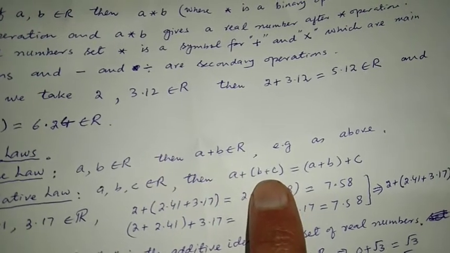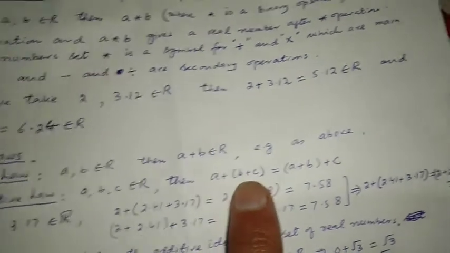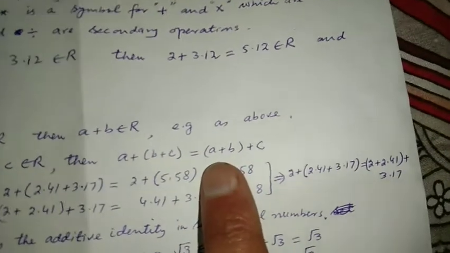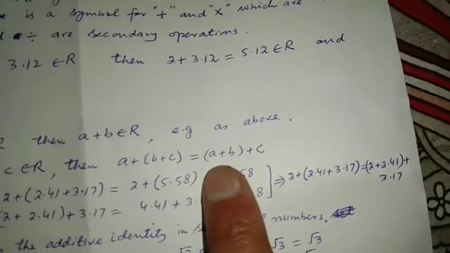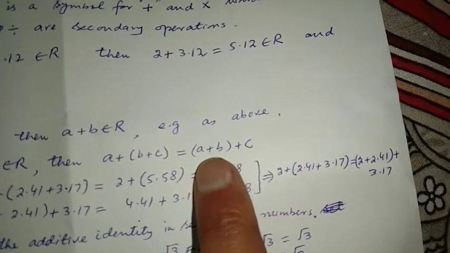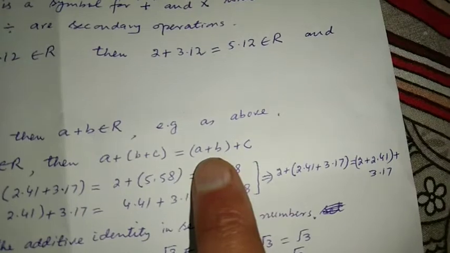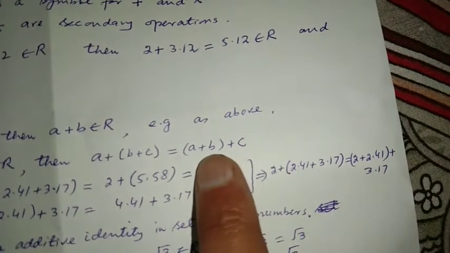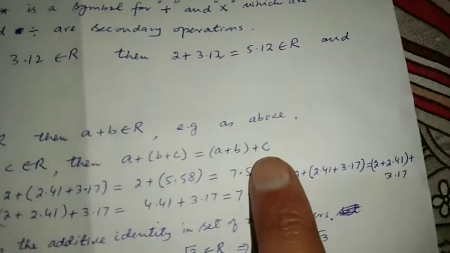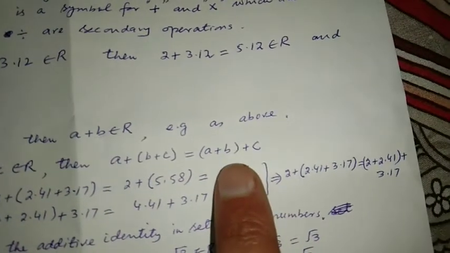So we will get the answer of these three additions. What should be the second way? The second way is, first of all, we add a and b, and what comes out from this addition will later on be added with c, and the answer from both the sides will be equal.